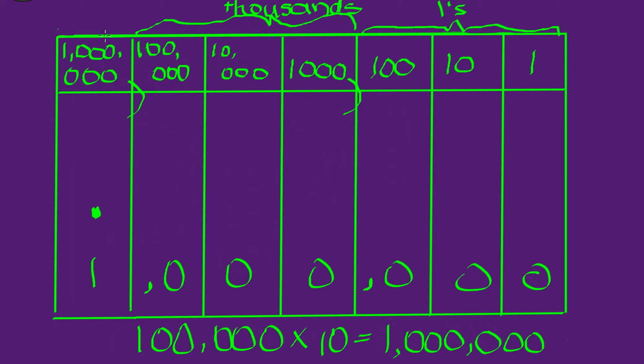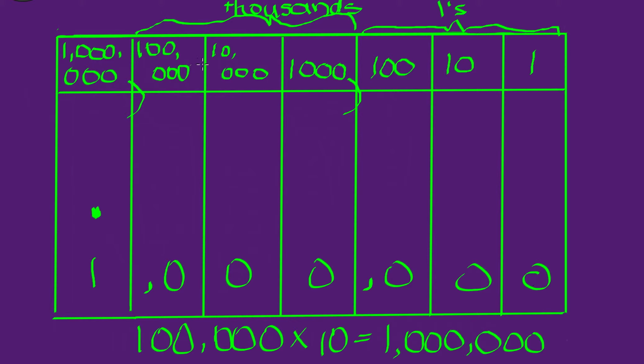And then the next 3 would be the millions, which would be 1 million, 10 million, 100 million. Those would be the millions. So every group of ones, you need a comma. Thousands, you need a comma. Then if you had more, you would have 3 groups over here, and you would put a comma in front of those 3 groups. But this is as far as we're going to go in the 4th grade.